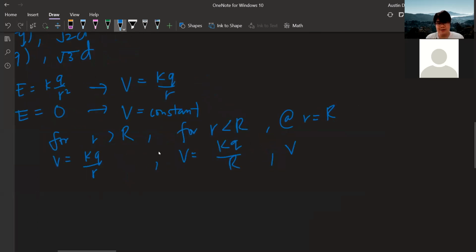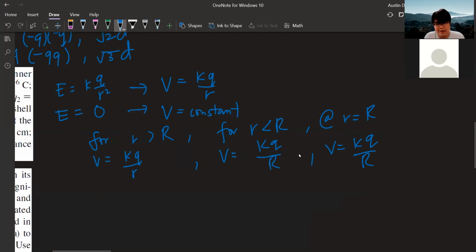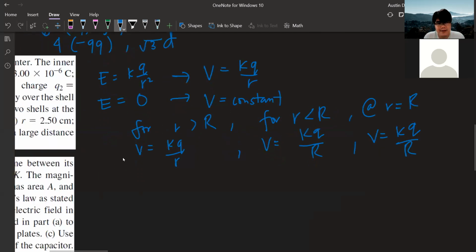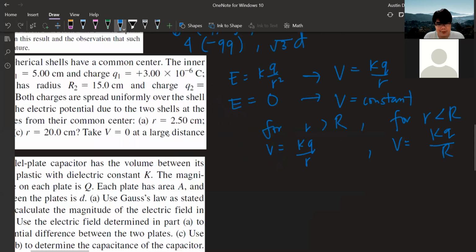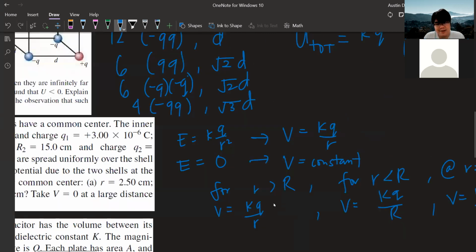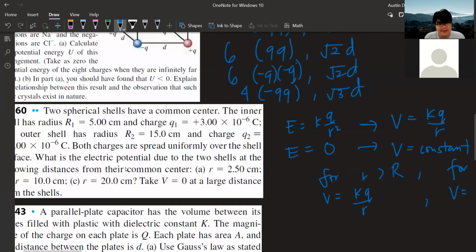So at r is equal to R, ito siya. So equal silang dalawa. And that makes it continuous. So ganun yung gagawin mo. Okay? So the potential inside the spherical shell, or where the electric field is 0, yung potential mo, it will just take up the value kung ano yung nasa surface. So kq over R in this case.